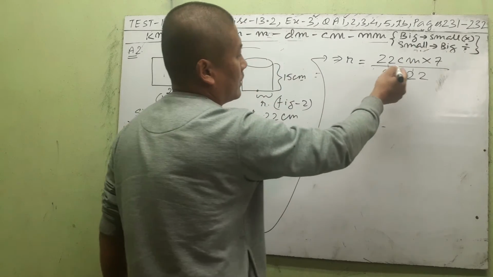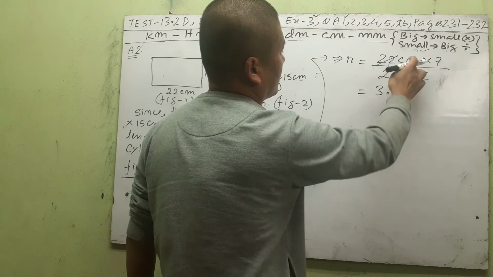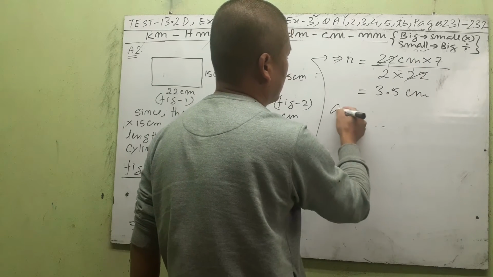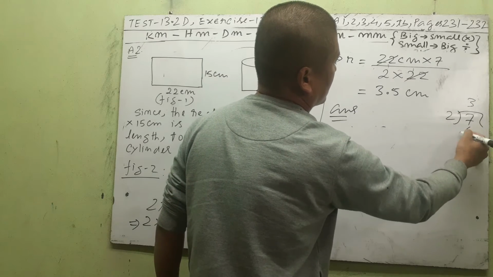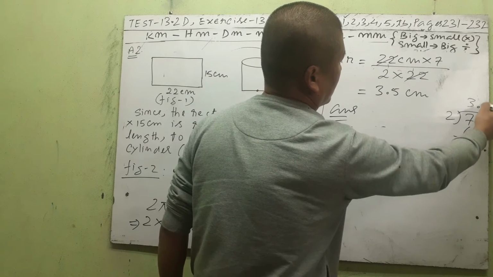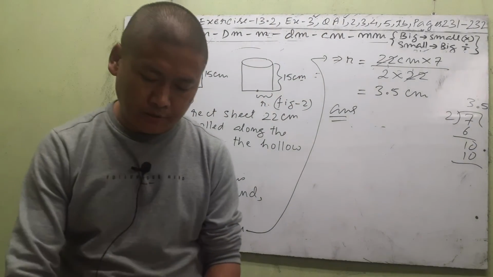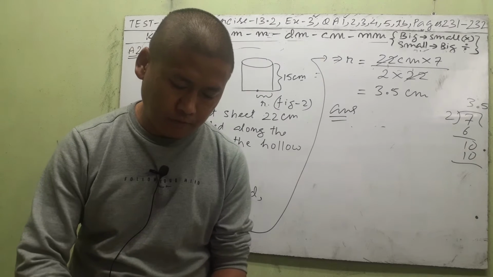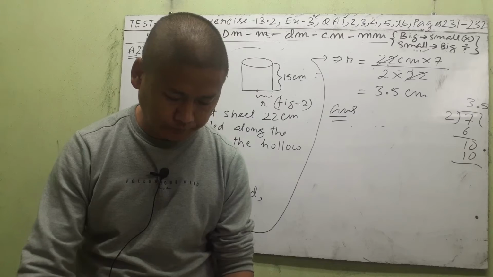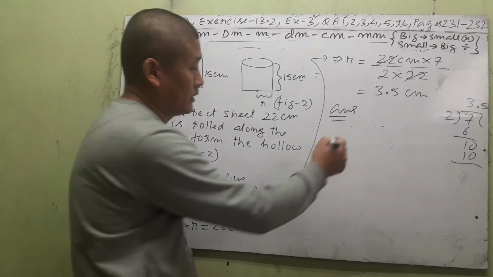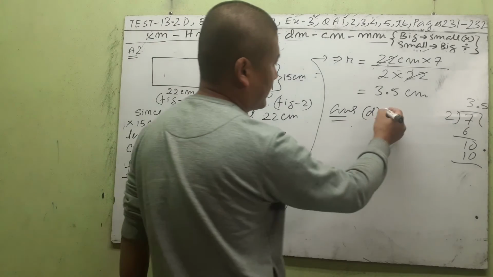So this 22 and 22 cancel, so 7 divided by 2 is 3.5 centimeter. 3 2s are 6, 1 in hand, 0, 2 5s are 10, so 3.5. The answer choice that matches this one is 2D, which is given as 3.5 centimeter.